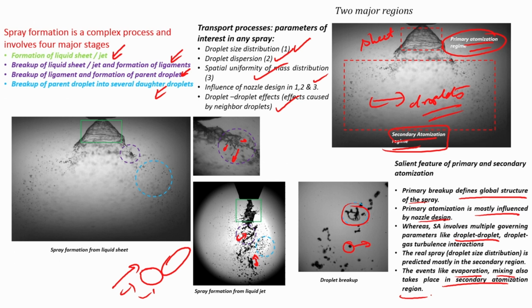What we are going to talk about in the next hour or so, in the next 2 lectures, is basically the precursor events to evaporation. Evaporation will not be important, we are not going to consider evaporation that much, but evaporation only happens after atomization is complete and you get droplets of sufficiently small sizes.